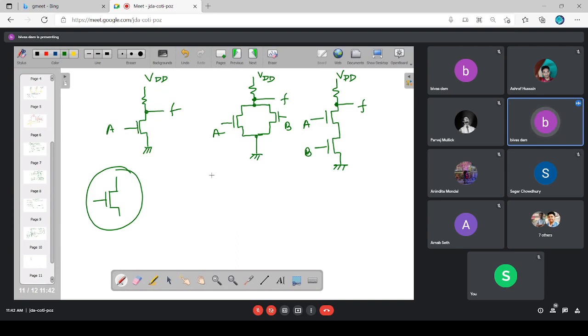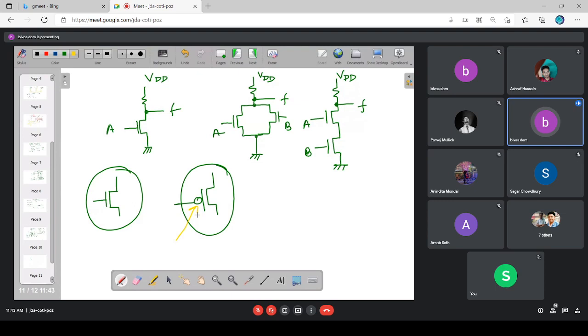Just the reverse is the case for PMOS. That's why this bubble is there. This bubble indicates the switch is active low. That means when the gate input is logic 0, the switch is on. When the input is logic 1, the switch is off.